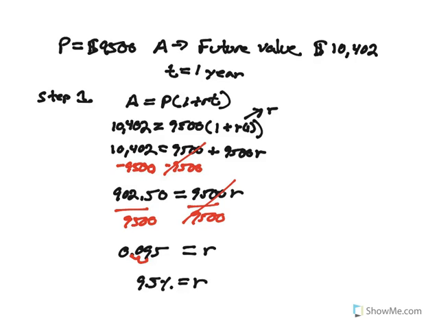So, it's pretty much, I can do one more where we can find, let's find the principal. Okay, let's do another one. Let's say I give you a future value of $10,300. The rate is going to be 4%, and then the time is going to be 7 years, okay?